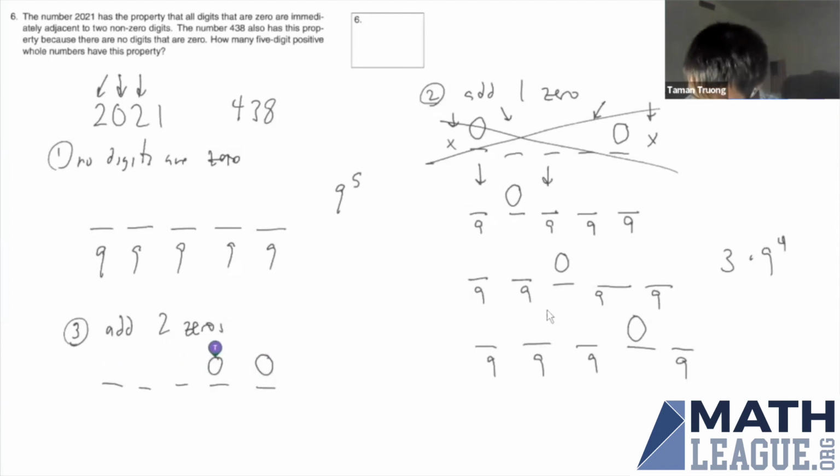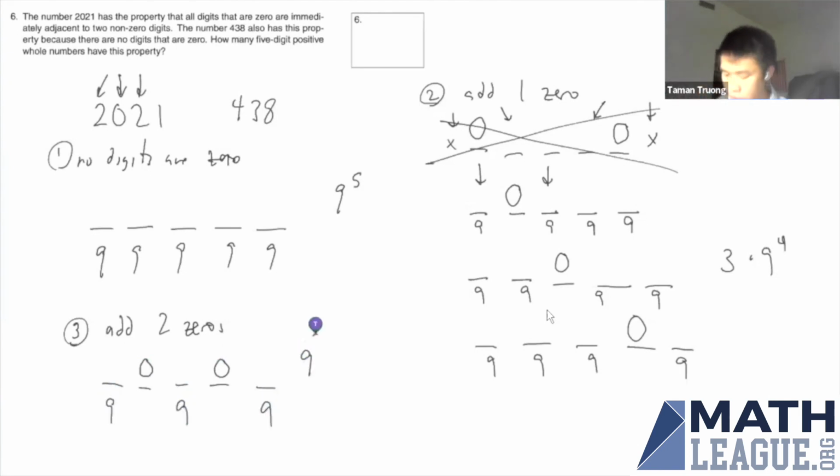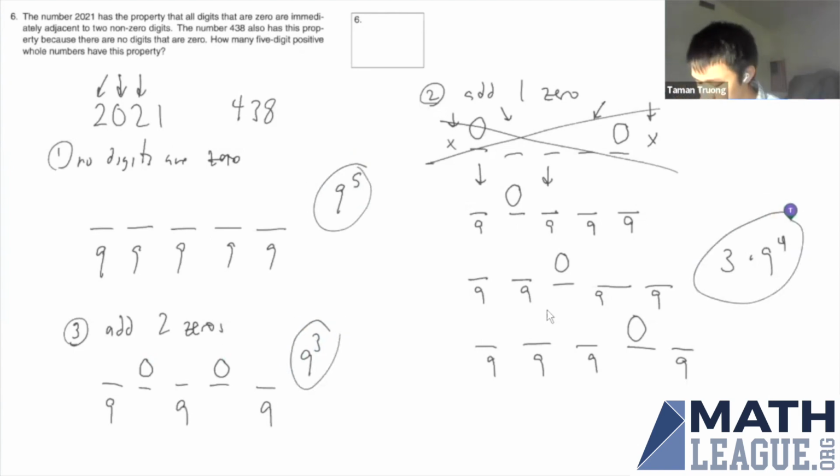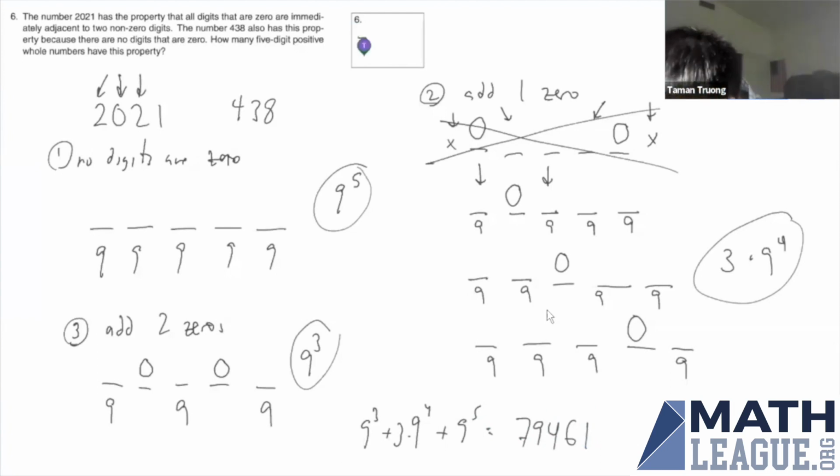So the only way we can do it, since the zeros can't be consecutive because that would violate the first property again, is to have them alternating in between, like this. That's the only case. Same logic, this gives us 9 cubed cases. And add these together. You can just use a calculator to get this easily, and you get 79461 possibilities. There, just write that down.